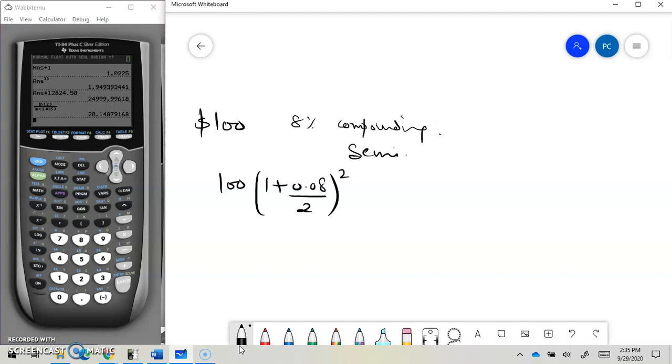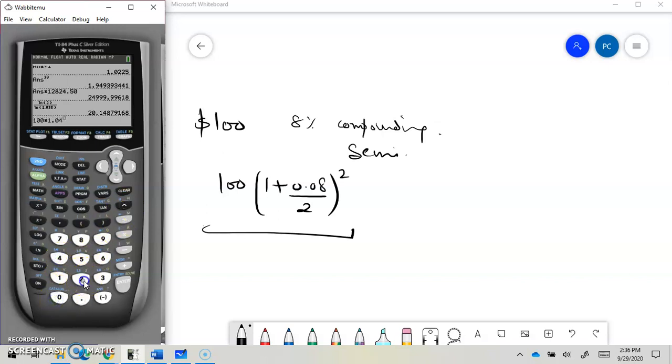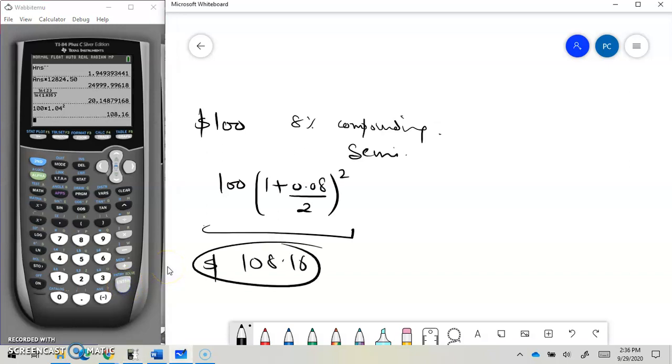That will be the amount if I have $100 put in at 8% compounding semi-annually. So that will be 100 times 1.04 raised to the power 2. That is the answer. So we have $108.16 at the end of 1 year if it is happening semi-annually.